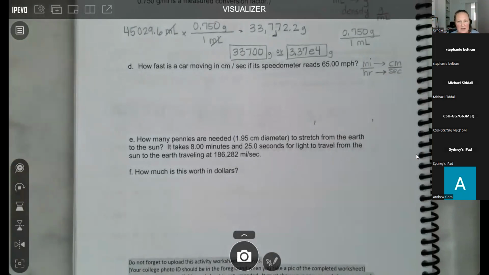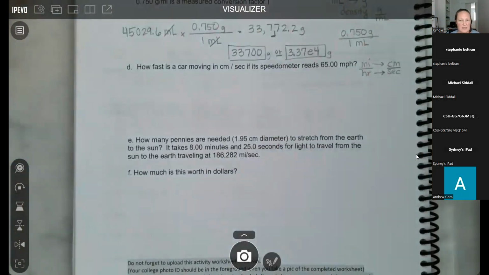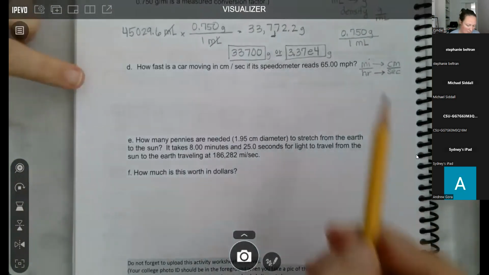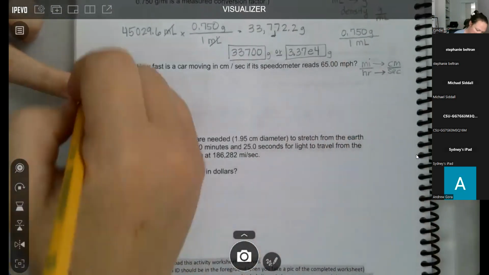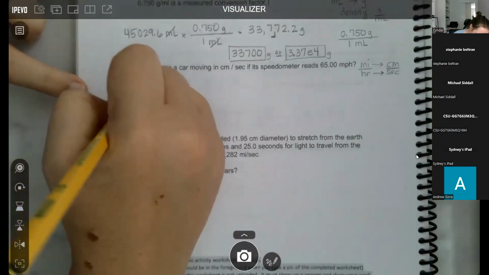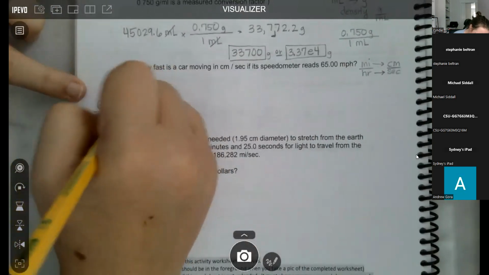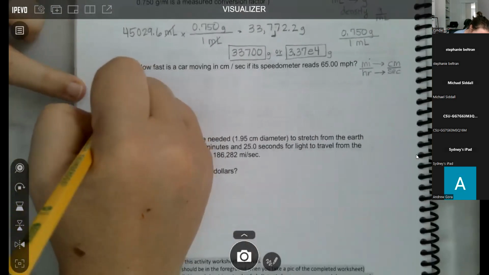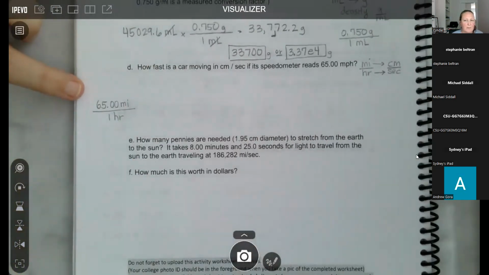So I'll show you how I do this to keep it really organized, right? So we're not all over the place. So we want to start with what it gives us, right? So we're going to start with 65.00 miles. And when it says per hour, you can assume it's per 1 hour, right? Okay. And now we want to convert to centimeters per second. And we can do that in any order.